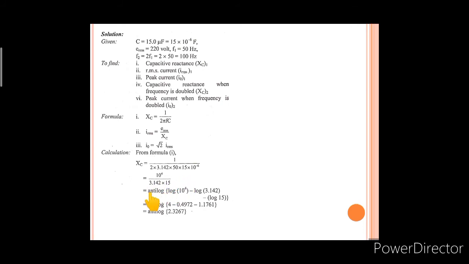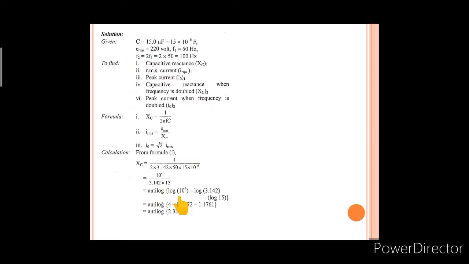Now we solve it using log calculation. First we write the antilog outside the bracket, then log 10^4 minus log 3.142 minus log 15. As 3.142 and 15 are in the denominator with multiplication, the minus sign is there.